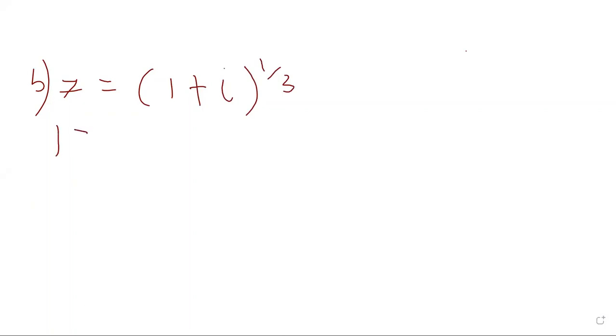Finding the modulus of z is not the hardest thing. It's actually the easiest thing to do, because the modulus of z is just the square root of the real part squared plus the imaginary part squared.